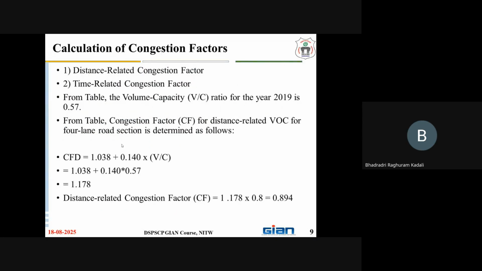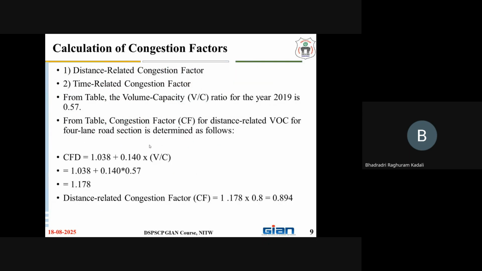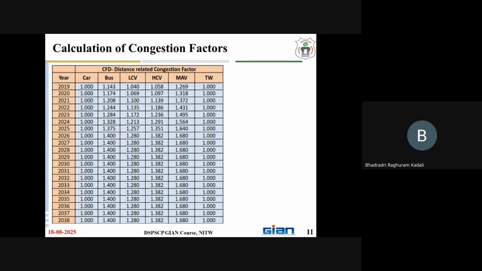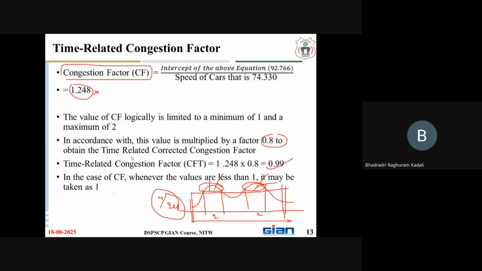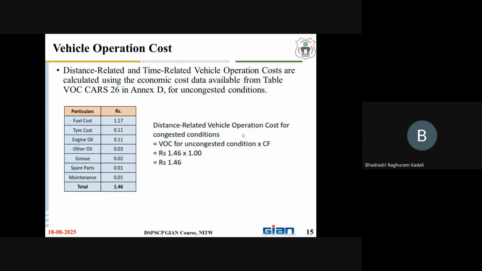Then we got the total CFD corresponding to all the volumes we have taken, corresponding to the volume by capacity ratios. The same way we estimated the congestion factor related to time, that is the CFT. Then corresponding to that we estimated the total congestion factor values.